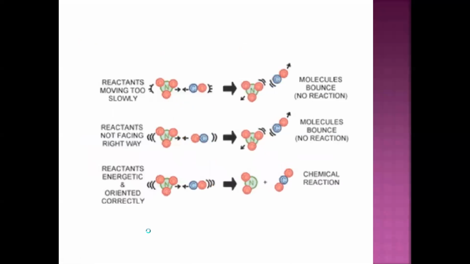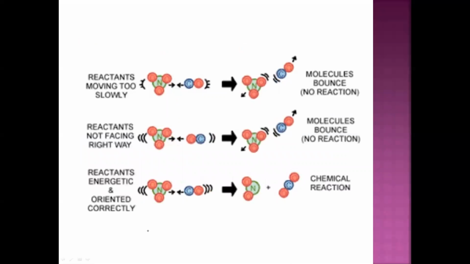This picture I have here is a summary of the conditions you need in order for a reaction to happen. The first picture has reactants moving too slowly, so they don't have enough energy, and they bounce away unchanged. Then the middle one, reactants not facing the right way. This is called arrangement or orientation.